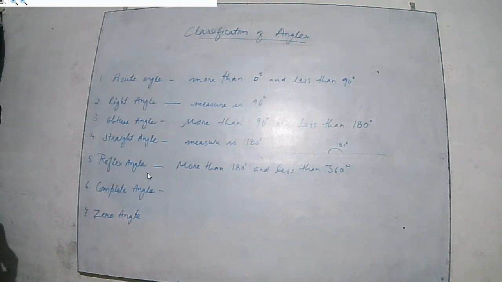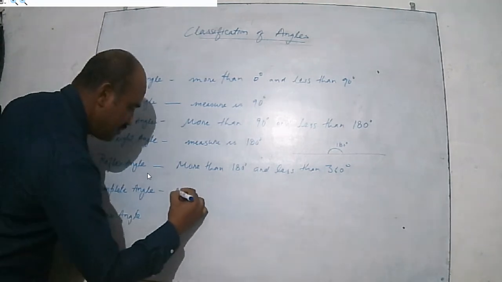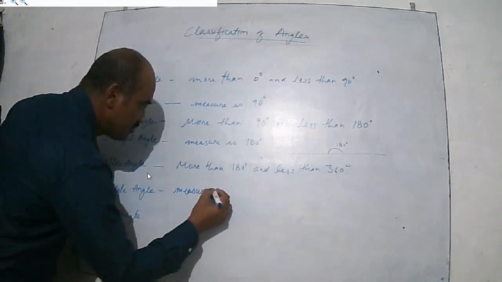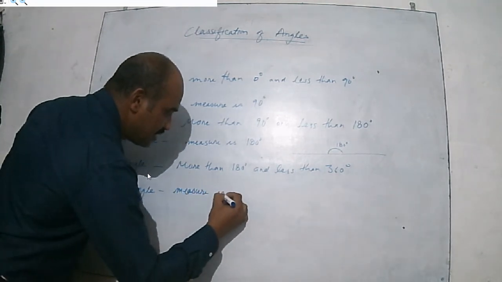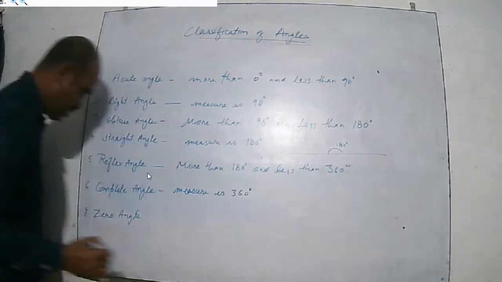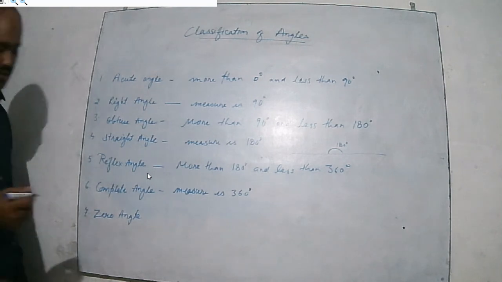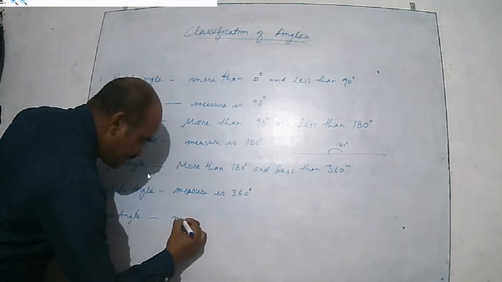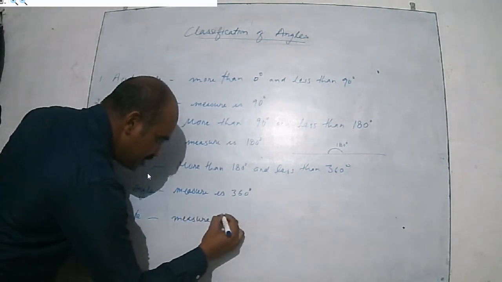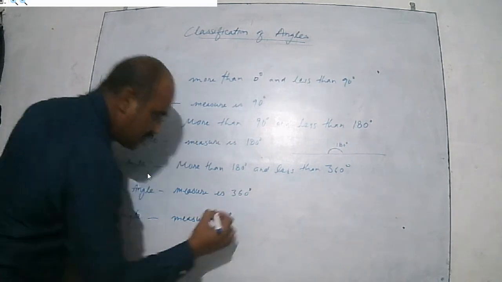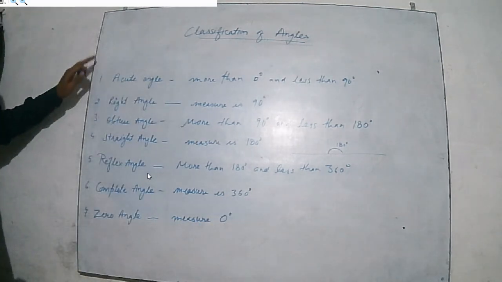An angle of measure 360 degree. And if we talk about zero, an angle of measure 0 is called a zero angle. How much will its measure be? 0 degree. Okay, so I hope that you understand that.